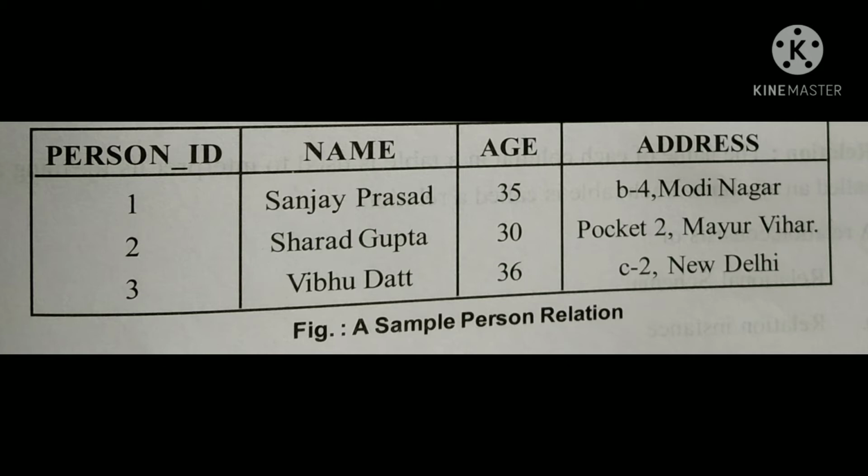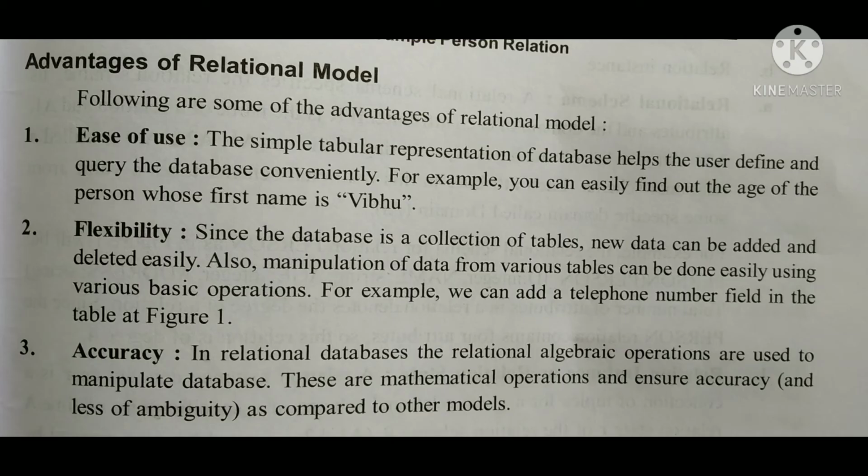So every attribute in a table has a specific domain. Values of these attributes cannot be assigned outside their domains.